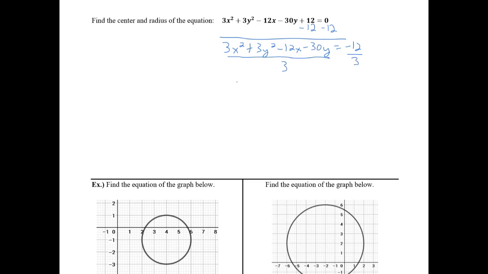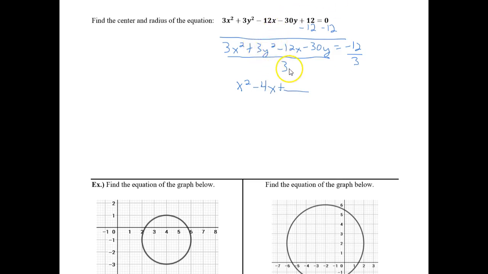Now I have x squared plus, I'm going to group my x's, so the 3x squared divided by 3 gave me the x squared, and I'm going to group it with this negative 12x. So negative 12 divided by 3 is negative 4. So negative 4x, and then we're going to have some perfect value later on. And then I do my y's.